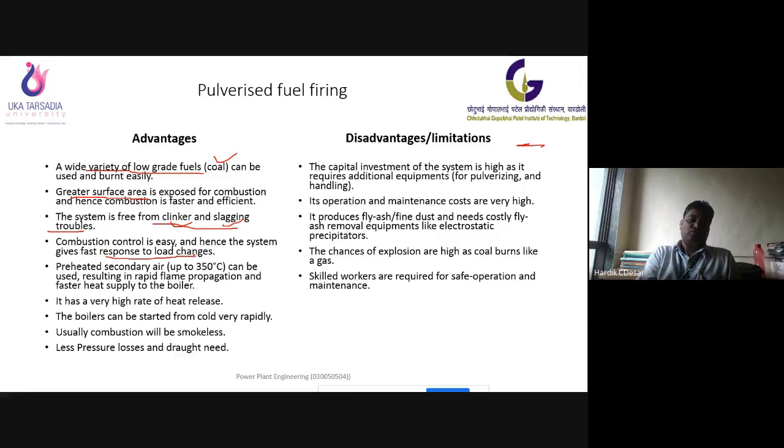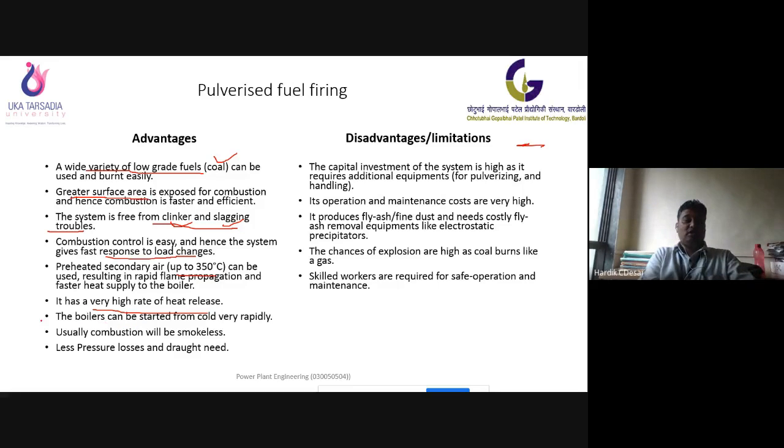Again, we have preheated secondary air up to 350 degrees centigrade, so it can have rapid flame propagation and faster heat supply to the boiler. Heat supply is quick, and the heat transfer rate is very high, so there is a very high rate of heat release, and the boiler can be started from cold very quickly.